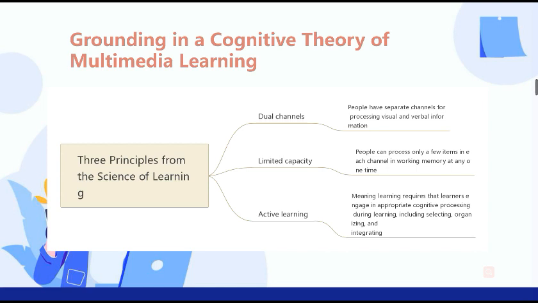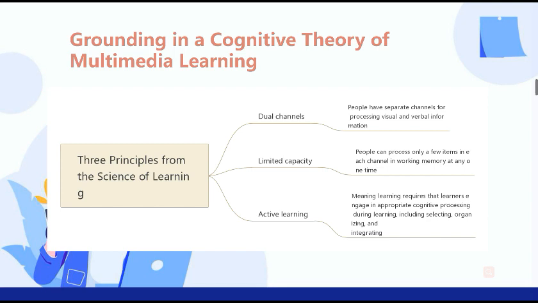So the first is grounding in a cognitive theory of multimedia learning. There are three principles from the science of learning. The first one is dual channels. People have separate channels for processing visual and verbal information. The second is limited capacity.